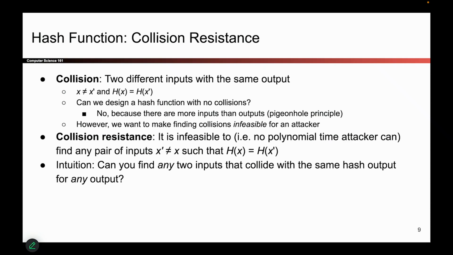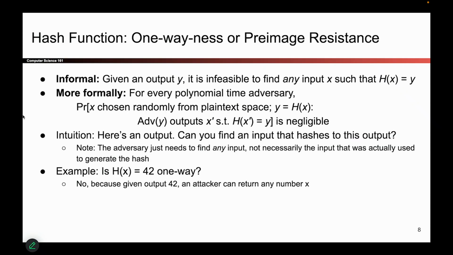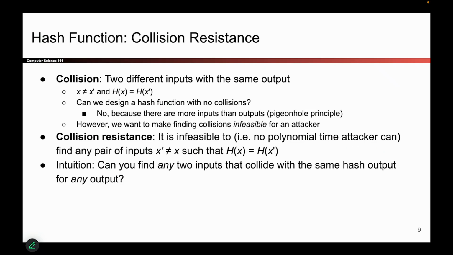So the key difference is that one-wayness of a hash requires you to match my chosen output. Collision resistance doesn't require you to match my output. You can pick any two inputs you want as long as they have a matching output hash. And your two inputs have to be different.